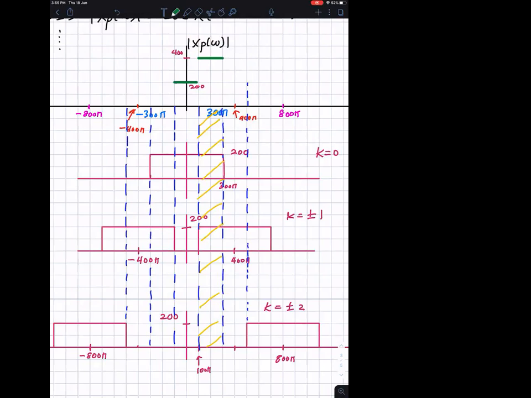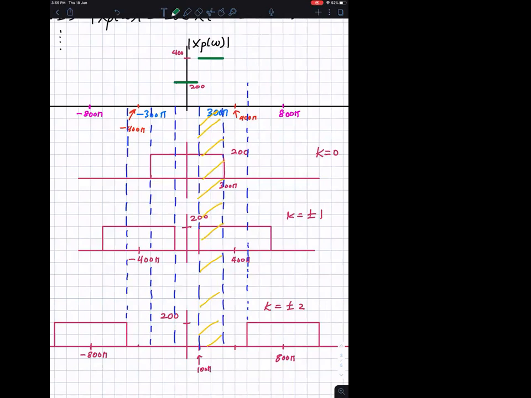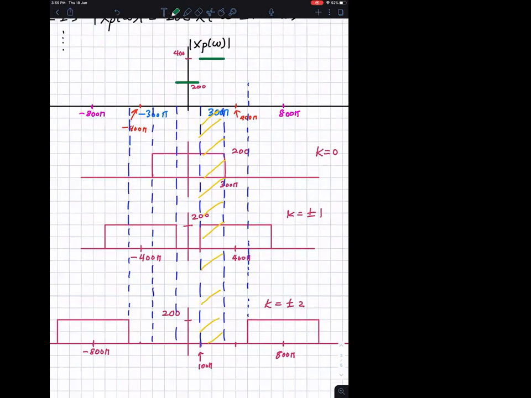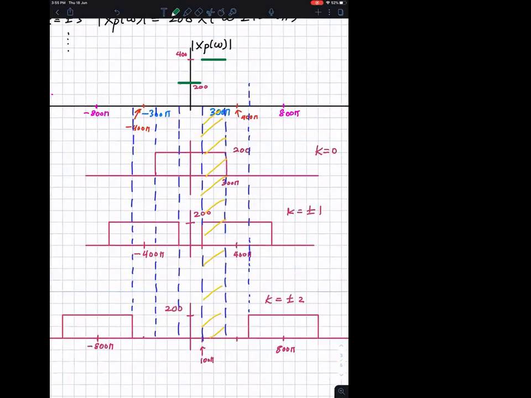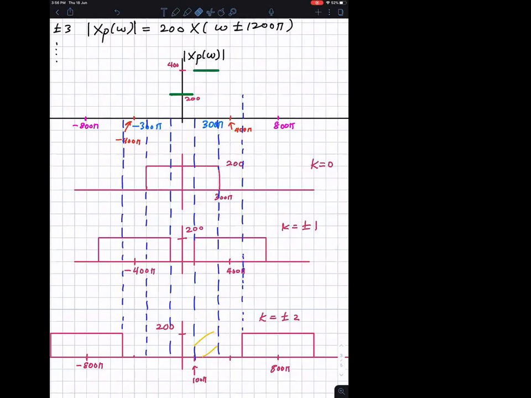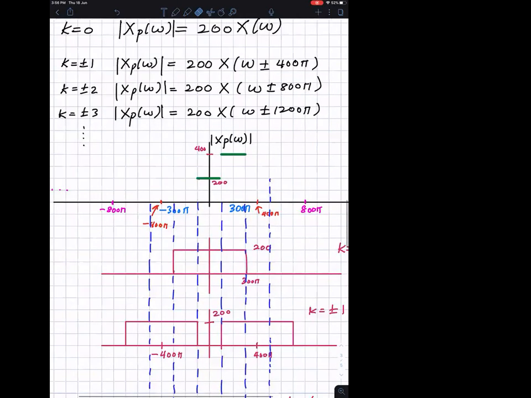Does everyone agree with that? Agree, sir. To understand, you have to do all these things before you can sketch it, right?